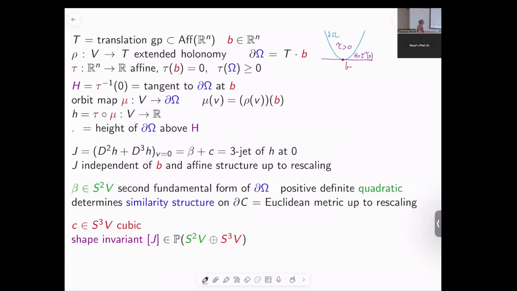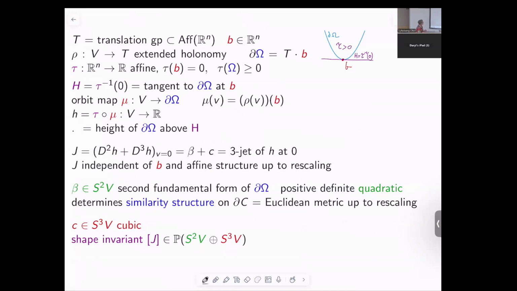So this is the orbit of B under this group. And so there's this function H, which is evaluate this affine map on what the orbit map does. The orbit map is parameterizing the boundary of omega, and then we're taking tau of this. So H is this map, and it's not a map from the tangent plane, it's a map from this abstract vector space we're using to parameterize the translation group.